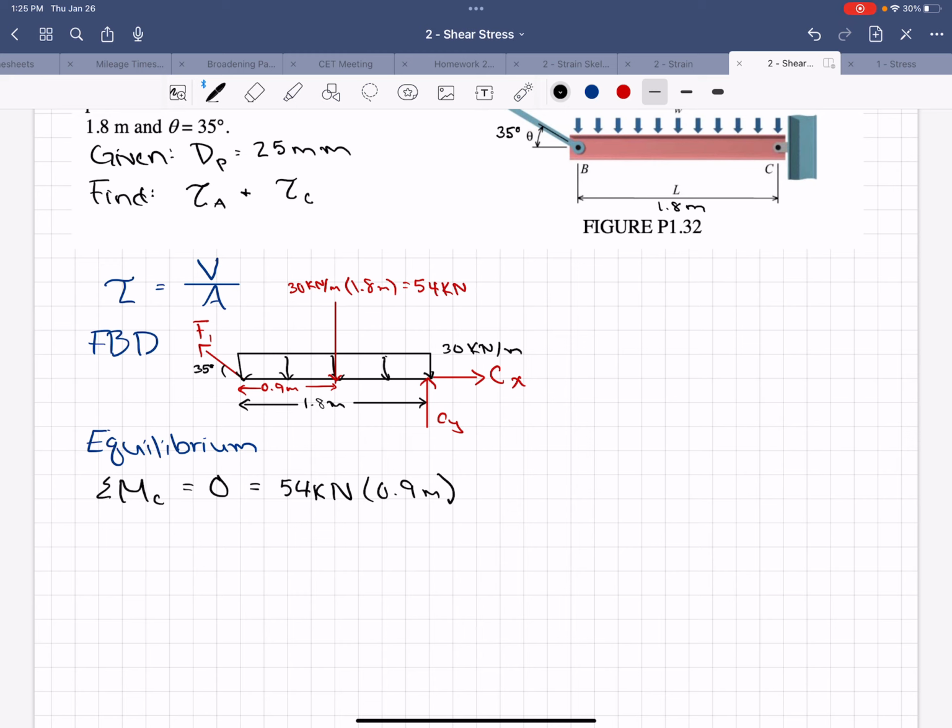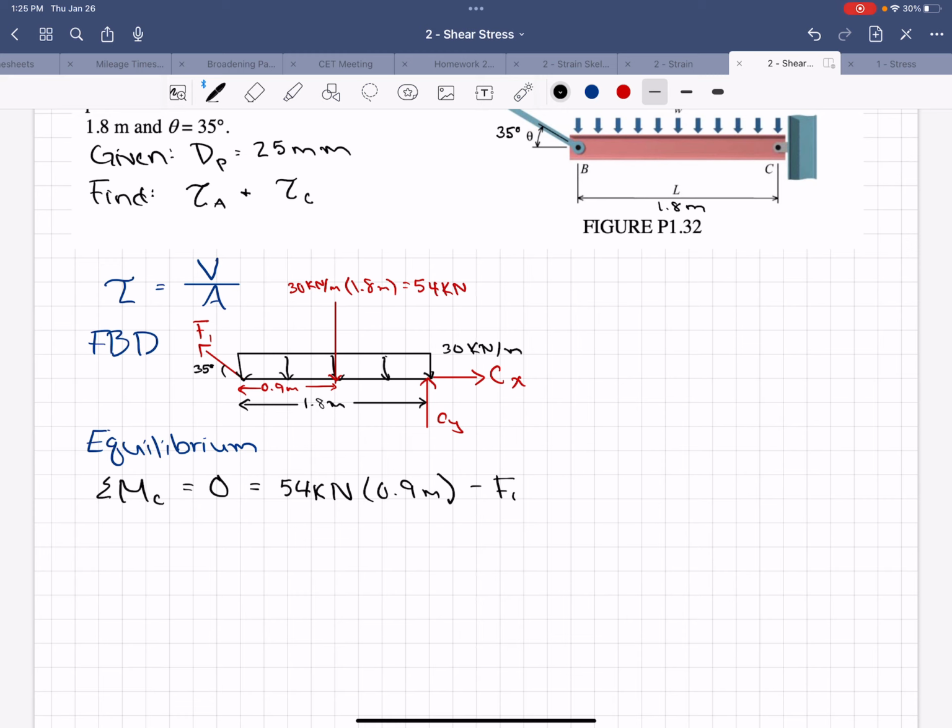And then I'm going to use the y component of F1 because the x component runs along C. So the y component of F1 will create a negative moment. So I have minus F1.